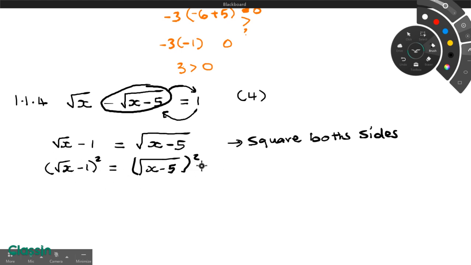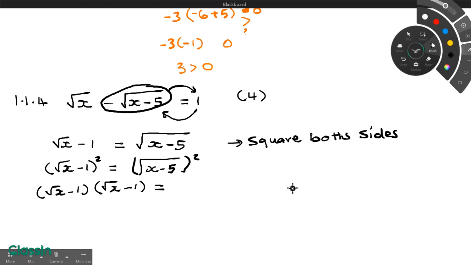Now, because of this square, remember that this square says that you have got two brackets of the same nature. It means that you have got root of x minus 1 and root of x minus 1. But in this case, -1 is not under the square root.